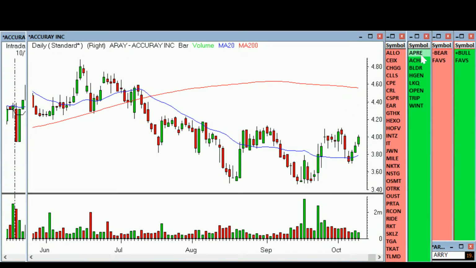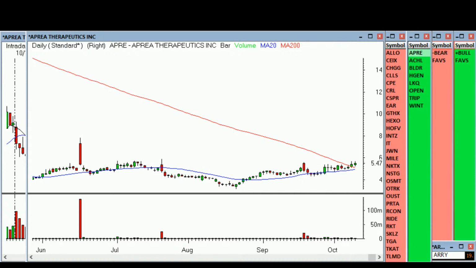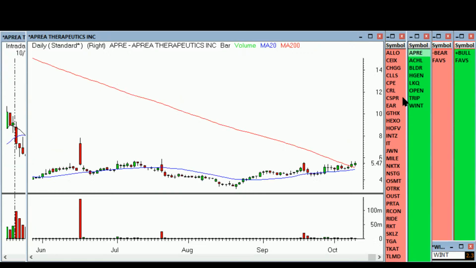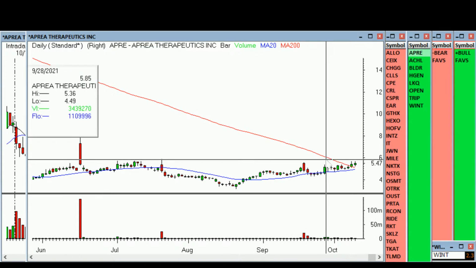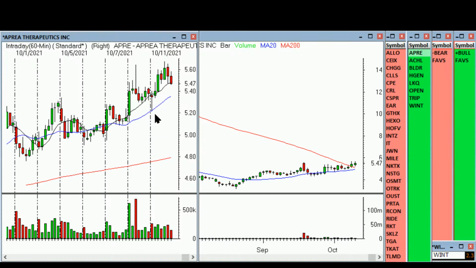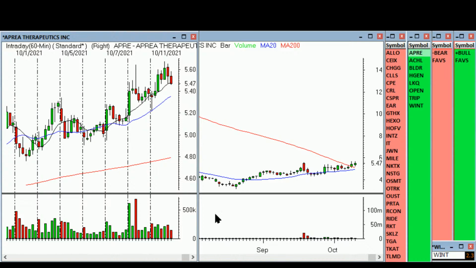The APRE is a daily base breakout. I got 4,000 shares of the WINT, which is very similar. It looks almost the same as the APRE. So over the base right here, long, and the stop you could put under 5.22 on the APRE.